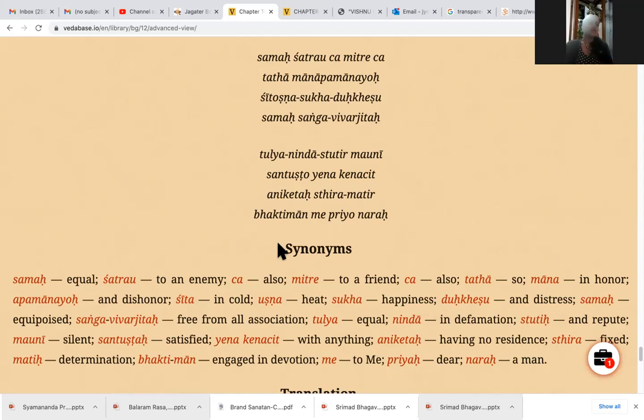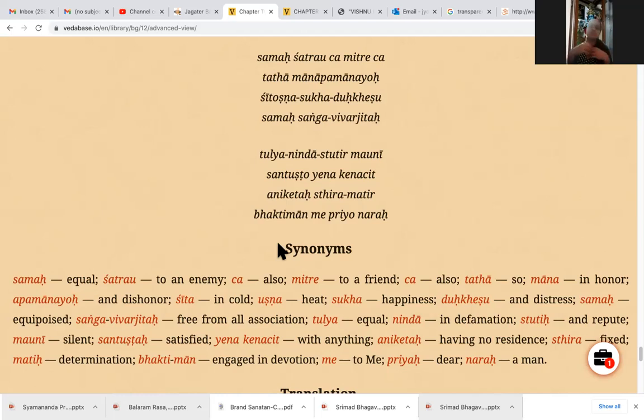So when the Lord says, Samashatrau mitre cha tatha manapamanayoho shitoshna sukha dukkheshu samah sanga vivarjitah. One who is equal to both friends as well as enemy. So one who behaves in a fair manner, in an equal manner, whether the person is a friend or an enemy.